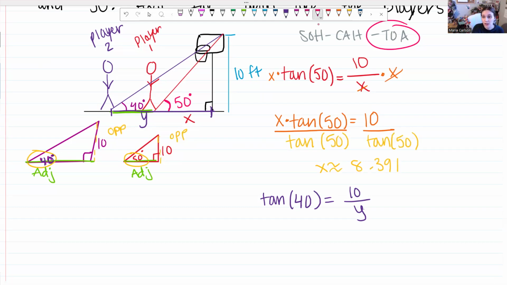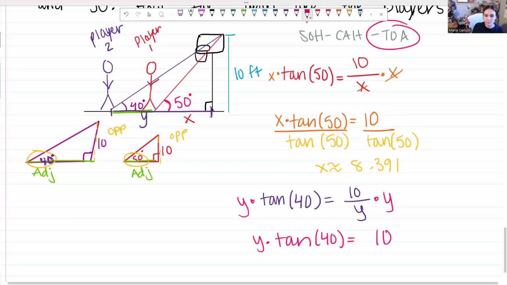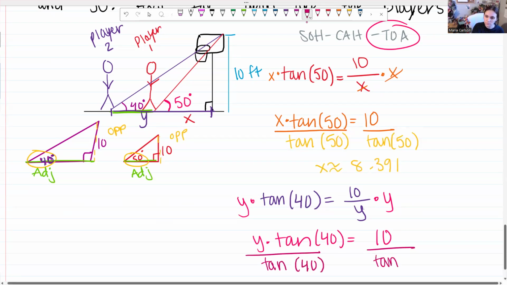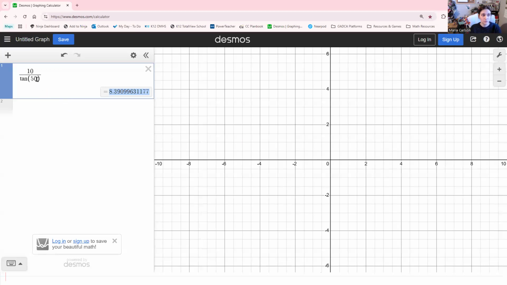Now to solve, I'm still going to multiply both sides by the variable. This time it's just y. So I have y times the tangent of 40 equals 10. And then I'll need to divide both sides by the tangent of 40. So this, in my calculator, will be very similar, except instead of 10 divided by the tangent of 50, it is 10 divided by the tangent of 40.